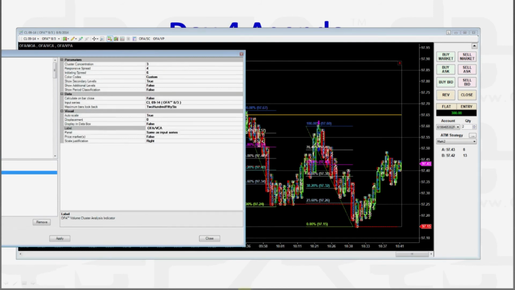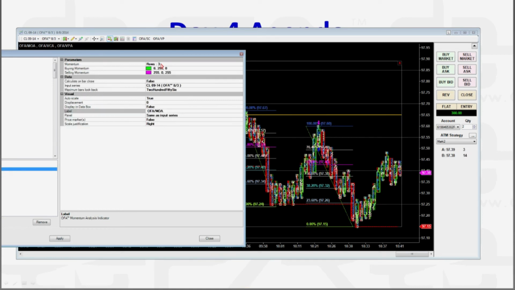And my volume cluster analysis is this: 3-4 initiating, spread 6. Instead of having it 3-5, I have it 4-6. I actually could make that probably a little bit bigger because the range on oil is typically a little bigger. But right now I've got it set at 4-6 in terms of responsive spread and initiating spread for the VCA.